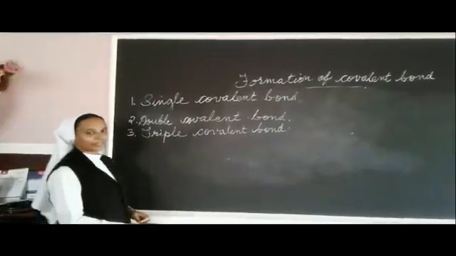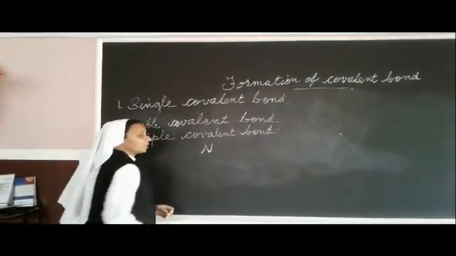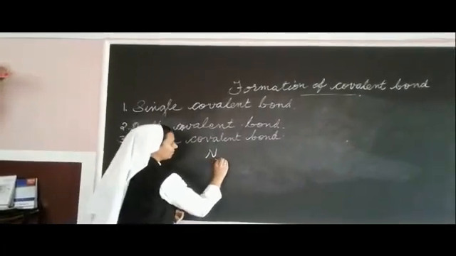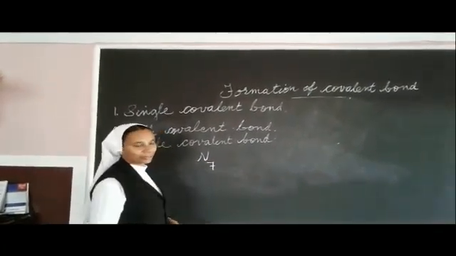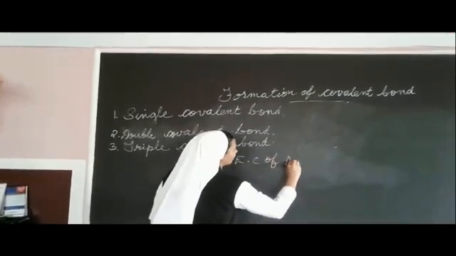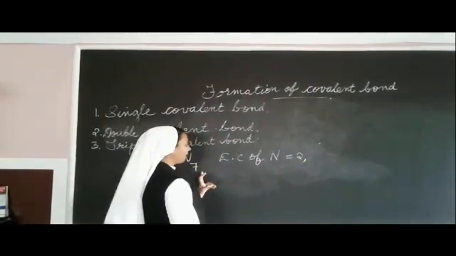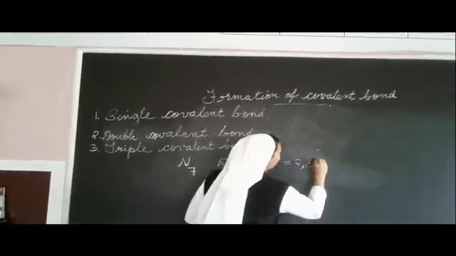Okay, let's take one more example, that is nitrogen. The atomic number of nitrogen is 7. And what is the electronic configuration? The electronic configuration of nitrogen is: in the first shell 2 electrons, then the remaining 5 electrons in the second shell.